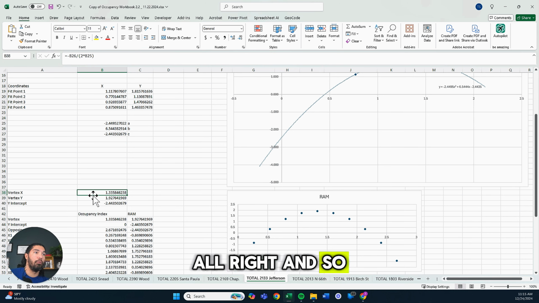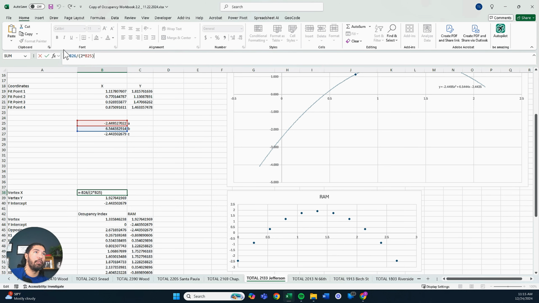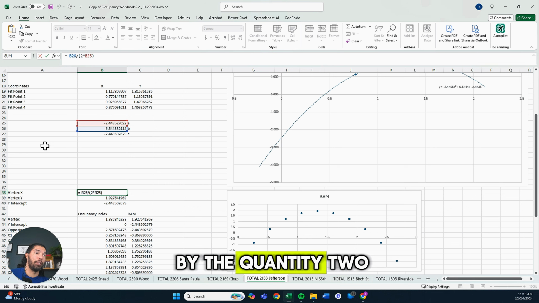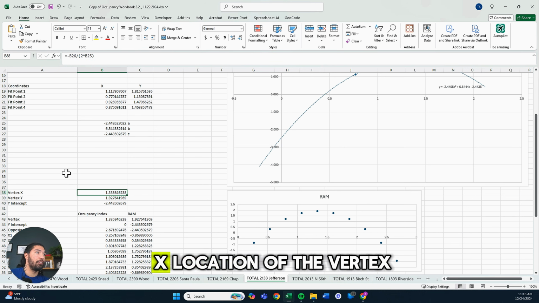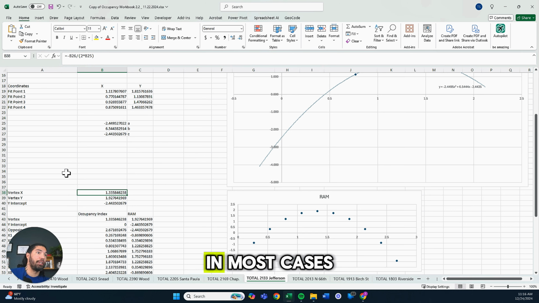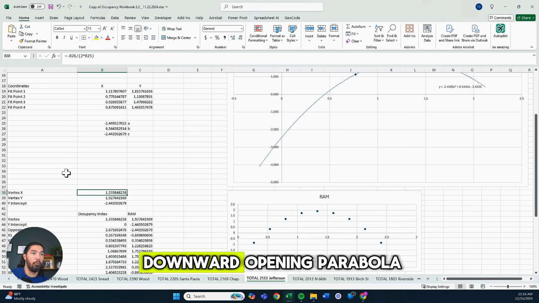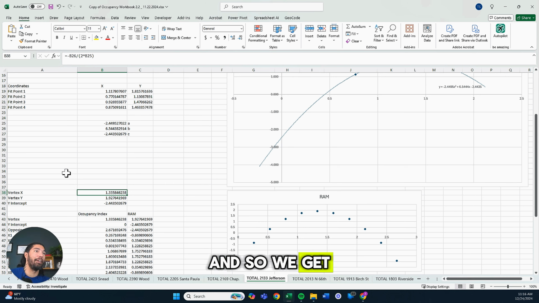And so we do a vertex formula. So negative b divided by the quantity 2 times a gets you your x location of the vertex, the highest point on the parabola, all right? If it's an upward opening parabola, it would be the lowest point. In most cases, these properties exhibit a downward opening parabola, which makes sense, and so we get the highest point on the parabola.